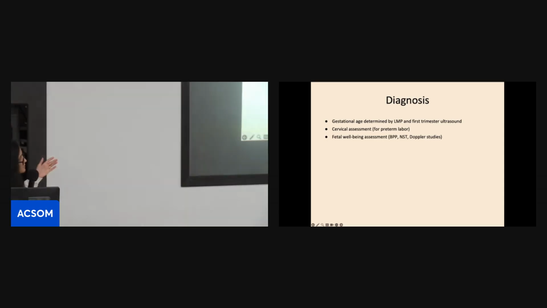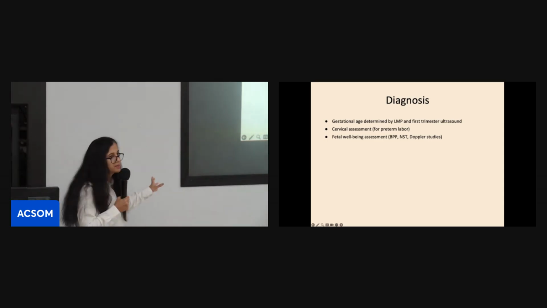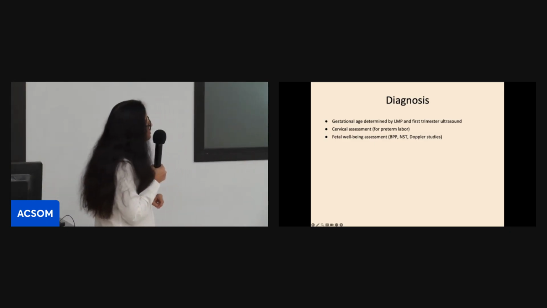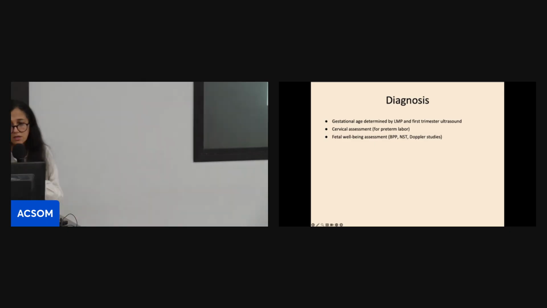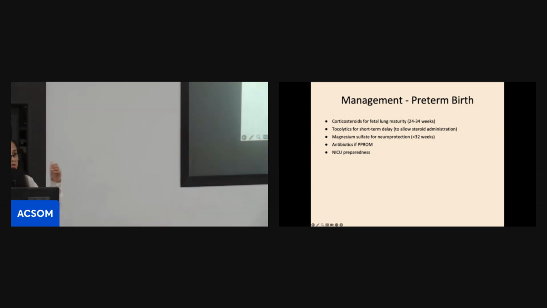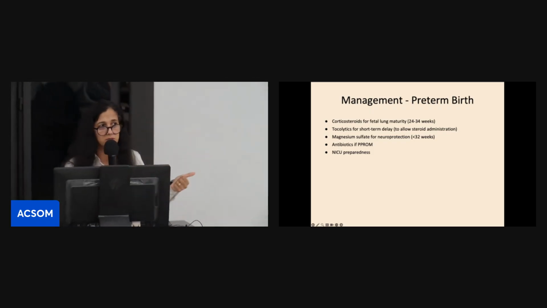So your biophysical profiles. NST is just a fancy way of saying a 20-minute electronic fetal monitor tracing. We're going to look at a couple of those tomorrow, and then your Doppler studies can also give you some more information.